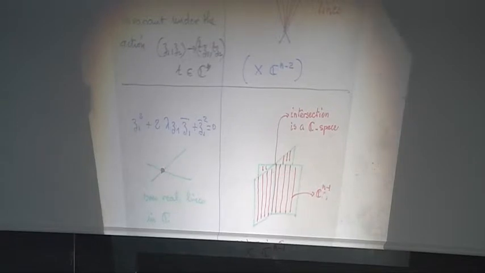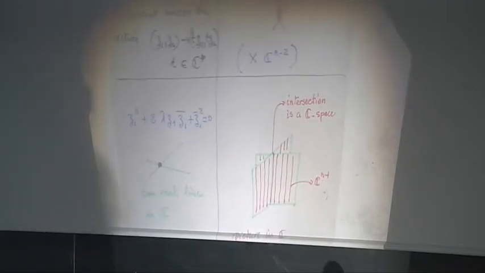Here you have two lines in C, and you take the two hyperplanes in Cn, the cylinder, if you want, on these two real lines in C. And here the situation is different because the intersection of the two real hyperplanes is a C vector space.